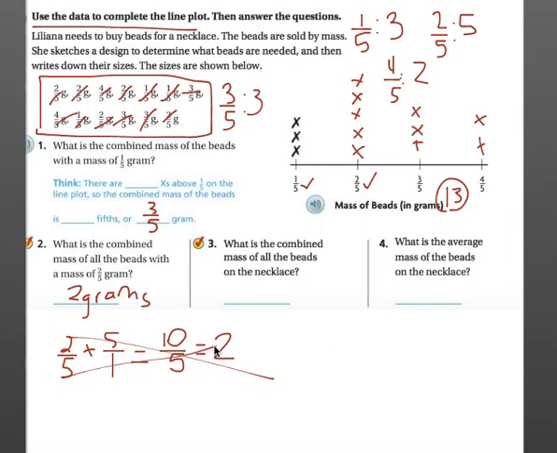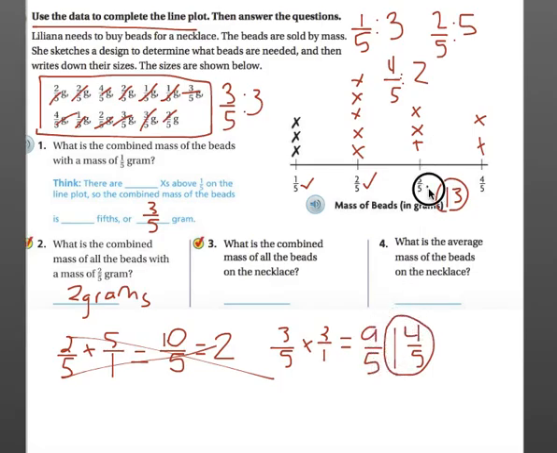So my 3/5, I need to multiply that by how many 3/5 that I have, which is 3. So 3/5 times 3 would equal 9/5. And I know that 9/5 turned into a mixed number would be 1 and 4/5. So I'm going to circle that so I can come back to that.